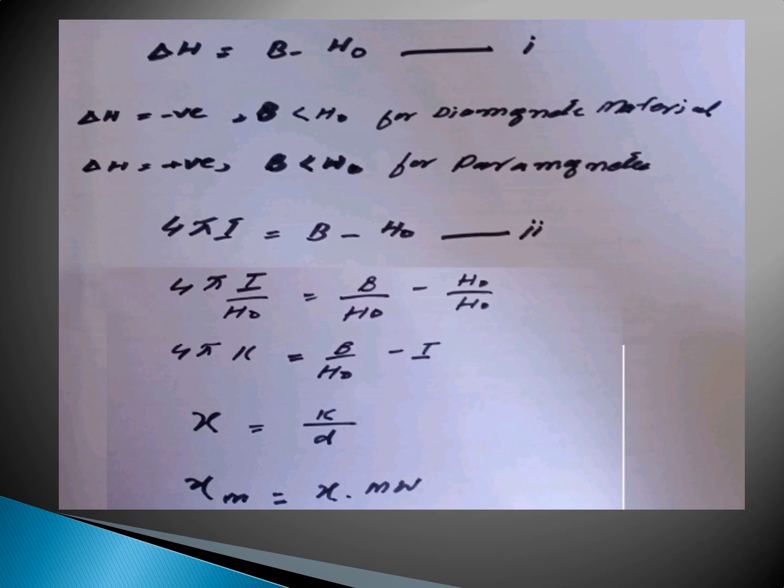When diamagnetic material is placed in the applied magnetic field, it is weakly repelled by the magnetic field, and when we place paramagnetic material, it will be attracted by the magnetic field.